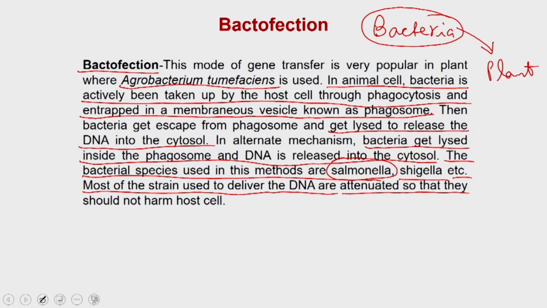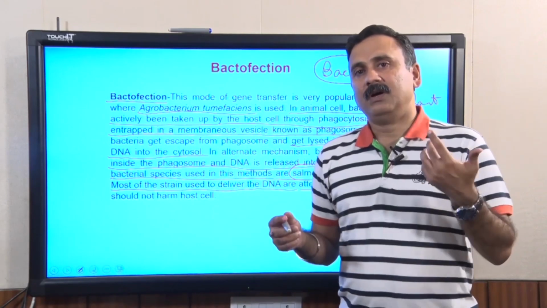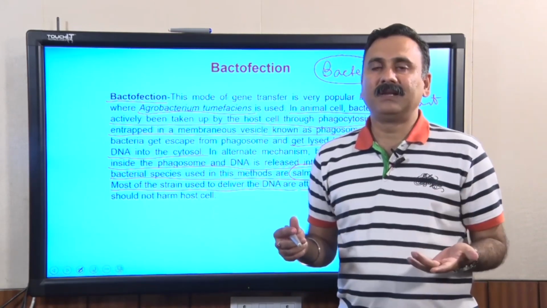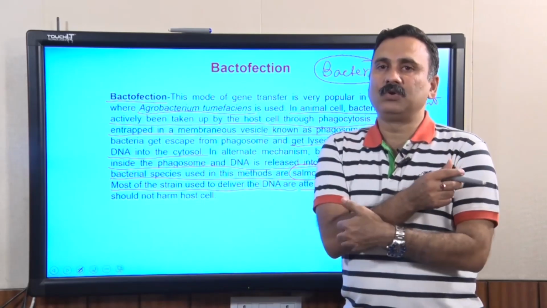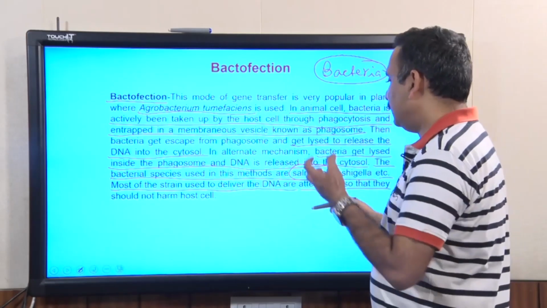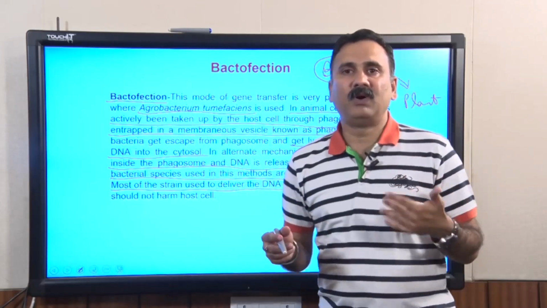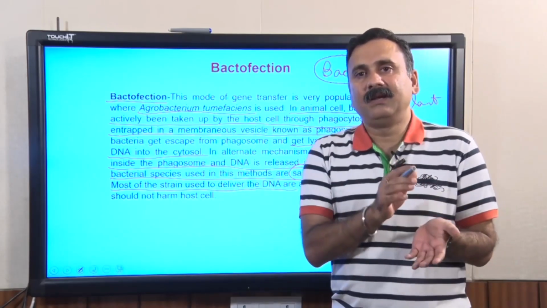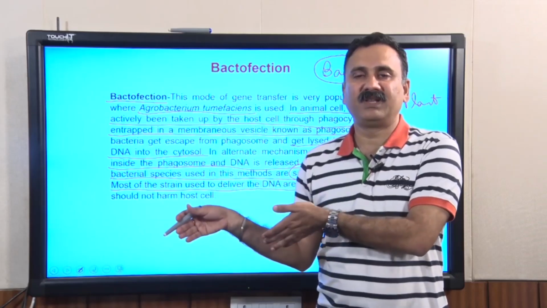But when you use them to transfect mammalian cells, the first thing you do is attenuate them so that they do not cause any kind of disease, because if that happens it will make the mammalian cells susceptible to that particular disease, and then the mammalian cells may not be useful for downstream experiments.